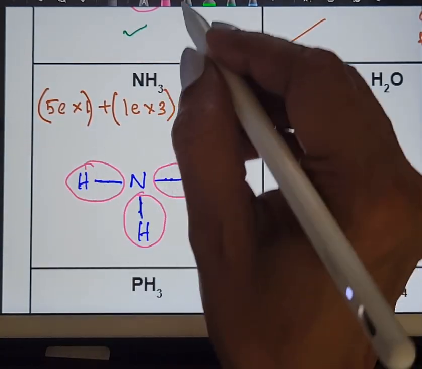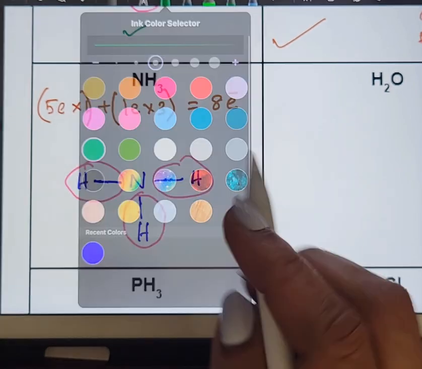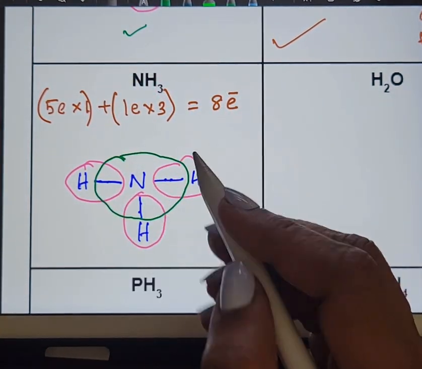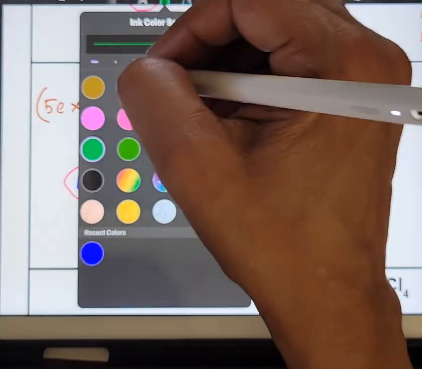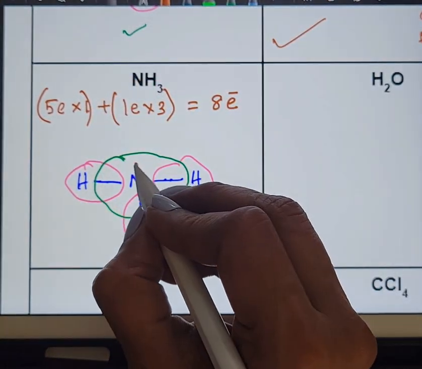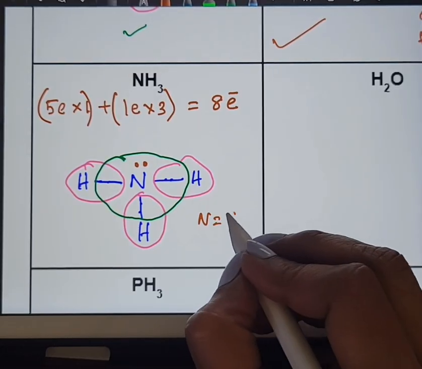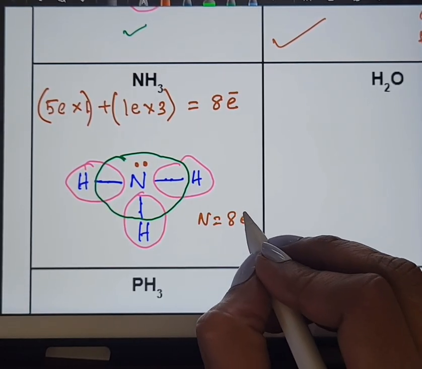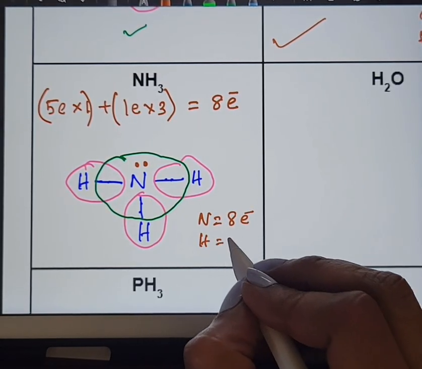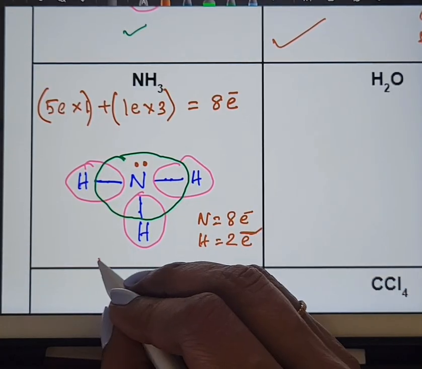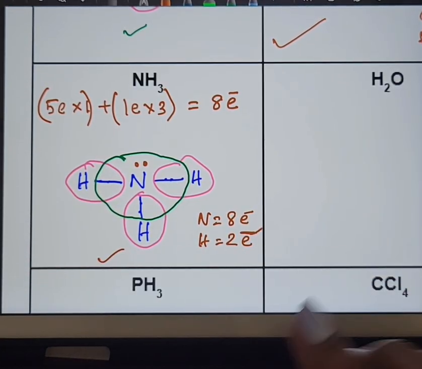Then look at nitrogen. Nitrogen has only how many now? Only 6. And we have 2 more remaining. So I will give those 2 more electrons to nitrogen. So now nitrogen has 8 electrons and hydrogen has 2 electrons. Both of them are happy. So the structure is correct.